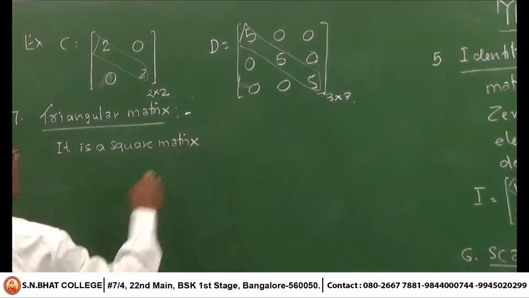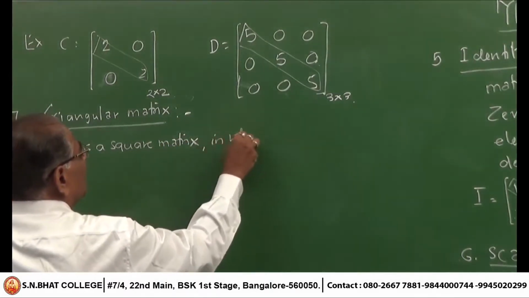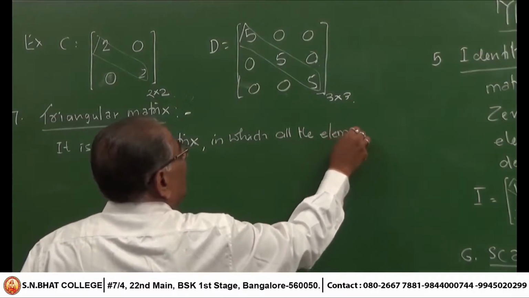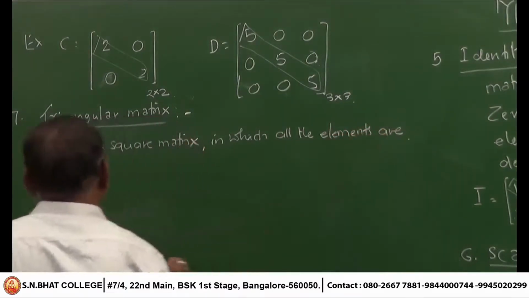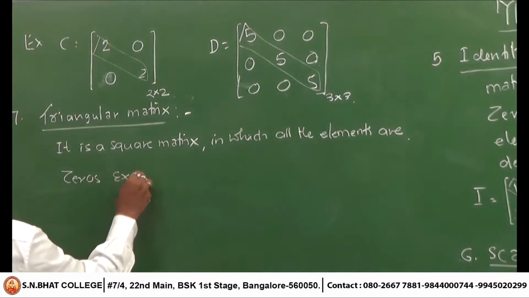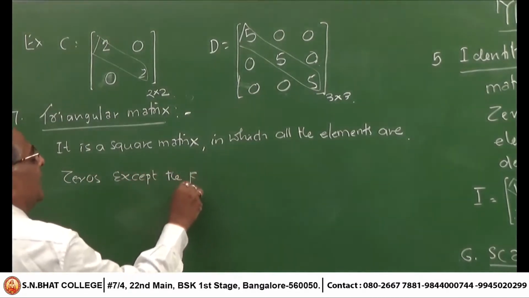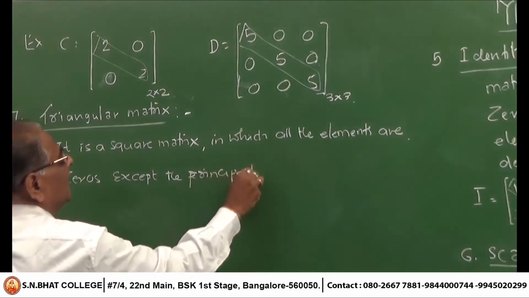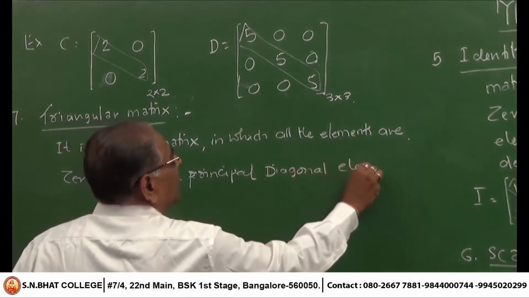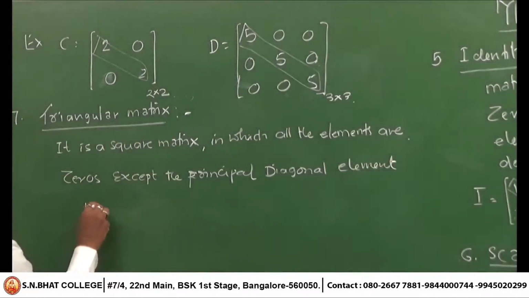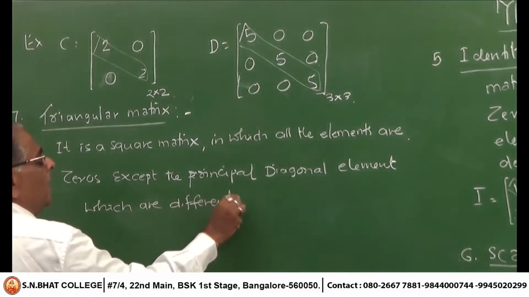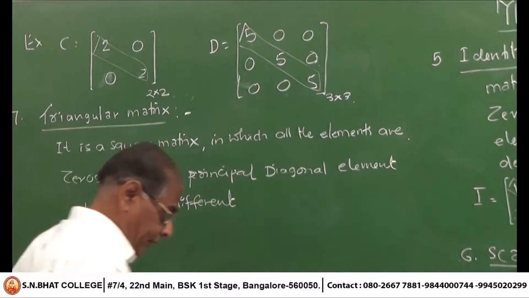It is a square matrix in which all the elements are zeros except the principal diagonal elements, which are different.